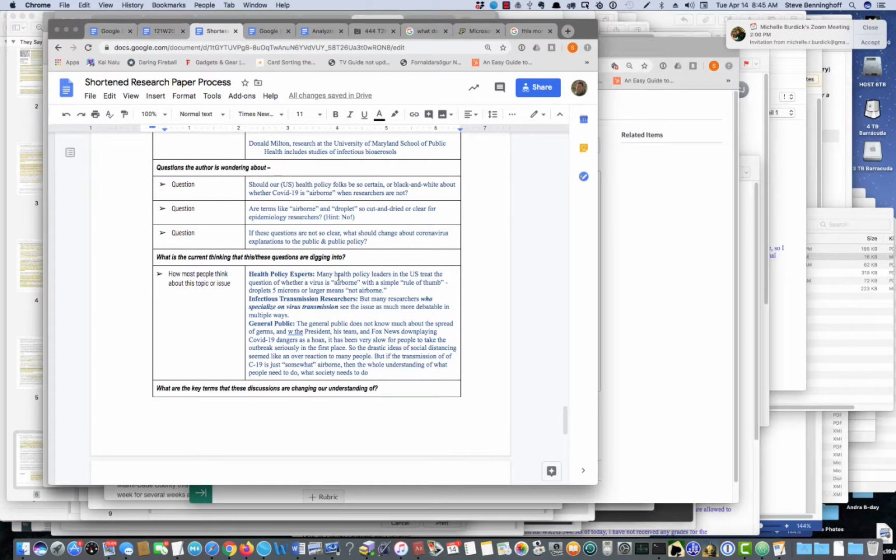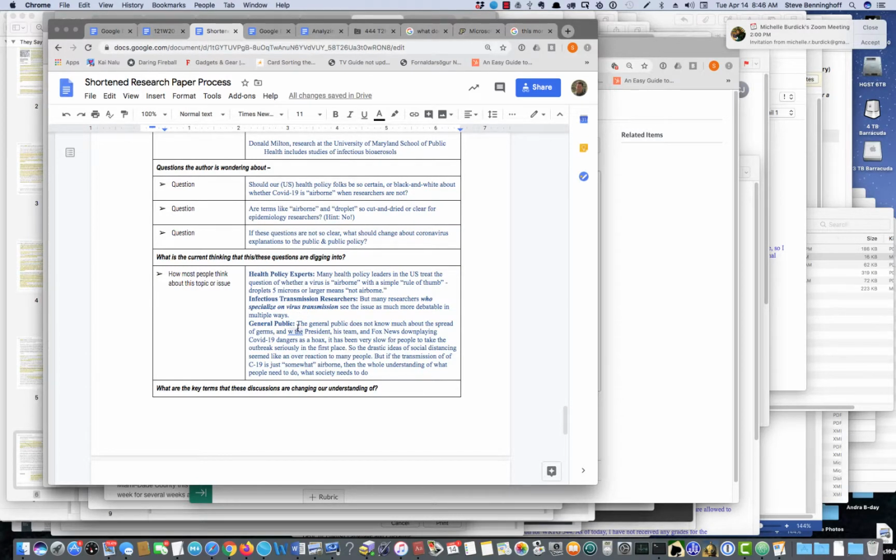Many health policy experts treat the question of whether a virus is airborne with a simple rule of thumb: droplets 5 microns or larger means it's not airborne. And it turns out that it's not as cut and dried as that. Many of these infectious transmission researchers see the issues as much more debatable in multiple ways.